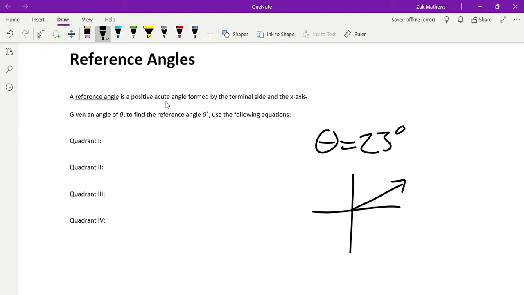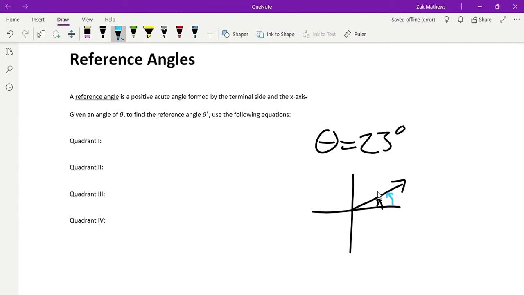So we want to find a positive acute angle. Right now we have this angle in black, that's our angle theta. We want to find a positive acute angle formed by the terminal side and the x-axis. Remember I said we can think of this as the closest x-axis. Well, clearly closest to this side is our positive x-axis, meaning this angle right here has to be the reference angle.